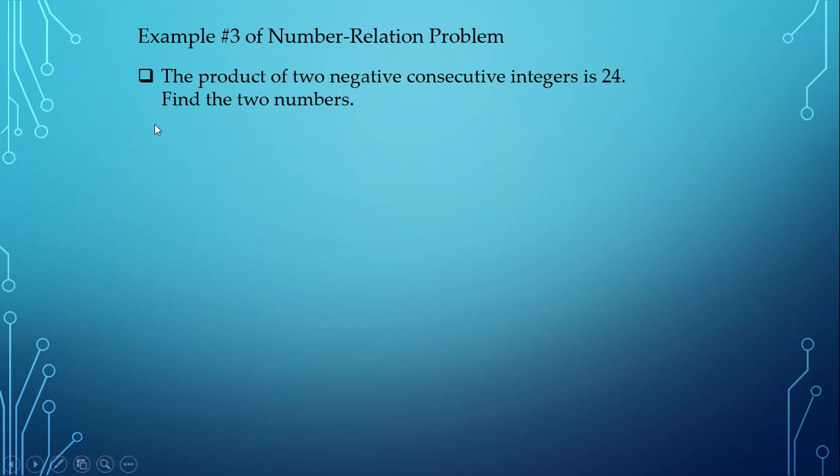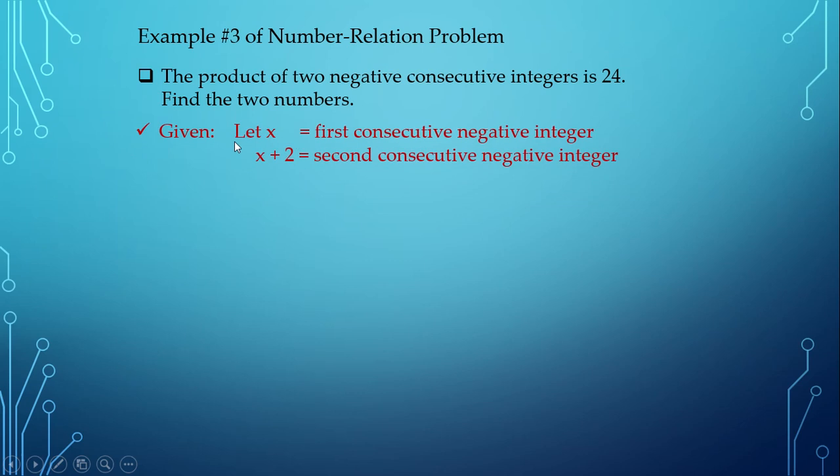So, we will make use of the first representation, x plus 1, or x plus 2. Then the question: find the two numbers. So there are two missing numbers, so we will only use x or x plus 1. So, given, we will let x be the first consecutive negative integer. And x plus 2, oh wait, two negative consecutive integers.